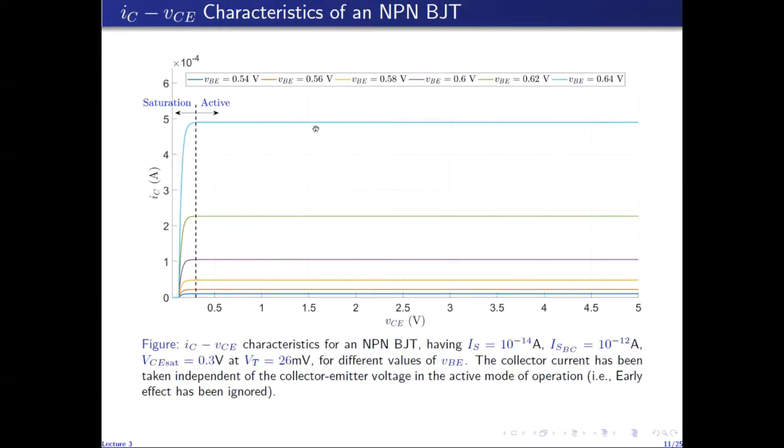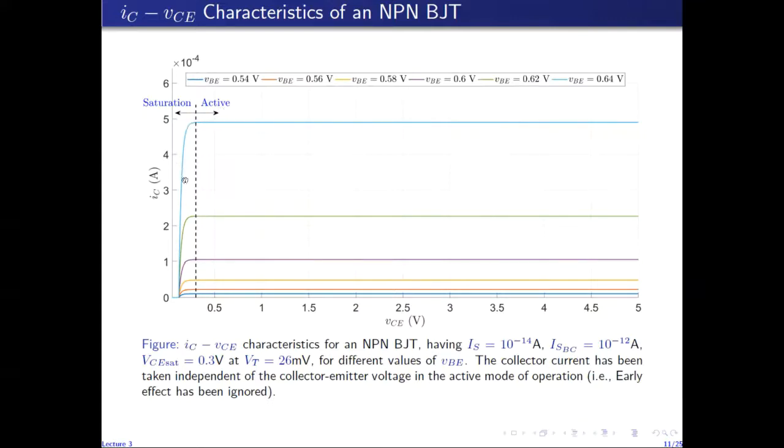So in active mode, the transistor current is dependent on VBE only. It is given by an exponential dependence on VBE and has no dependence on VCE. That is why these curves have been shown as horizontal lines in the active region of operation. There is no dependence of IC on VCE in the active mode.